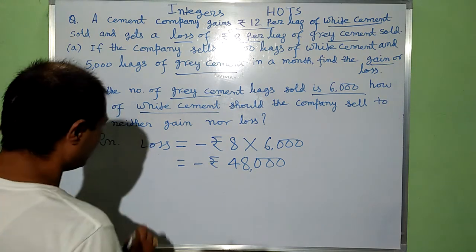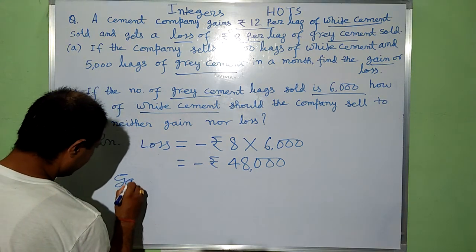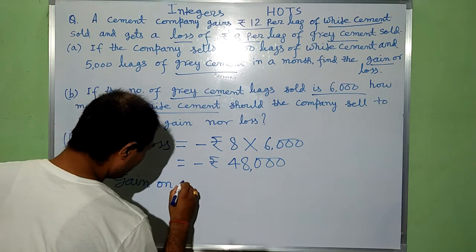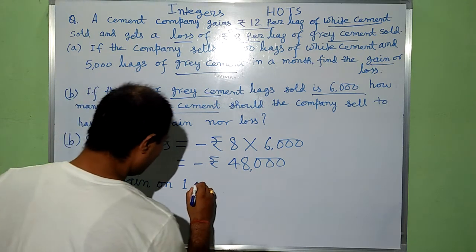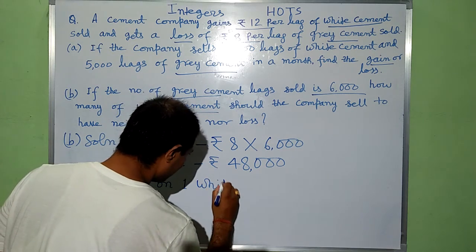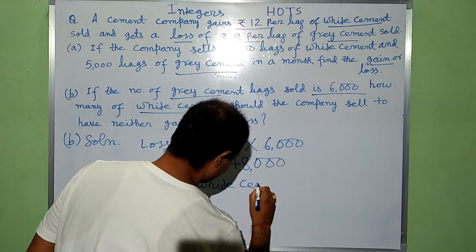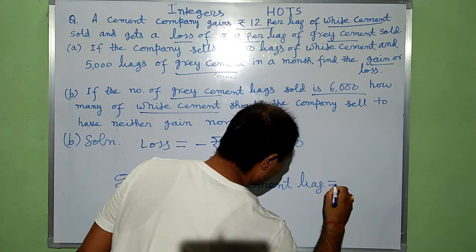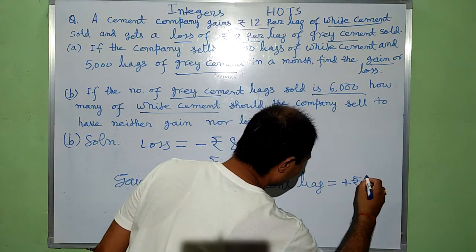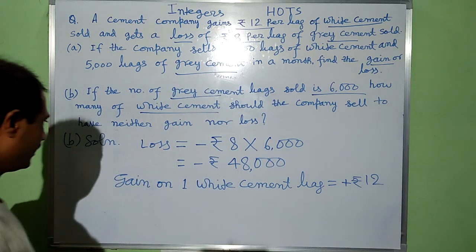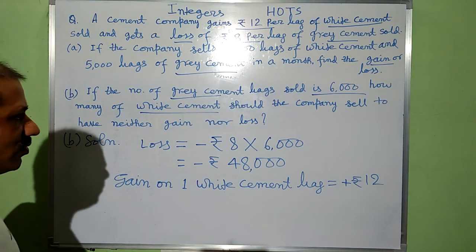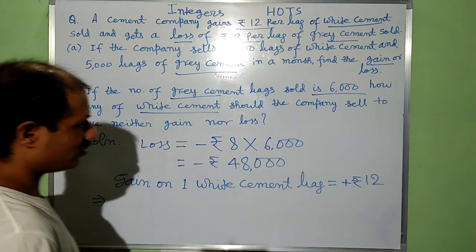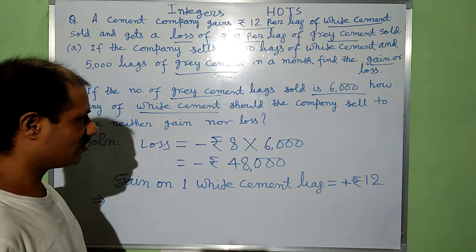Loss is shown here, now gain. Gain on one white cement bag is equal to plus rupees 12. We have to make it equal to plus rupees 48,000.